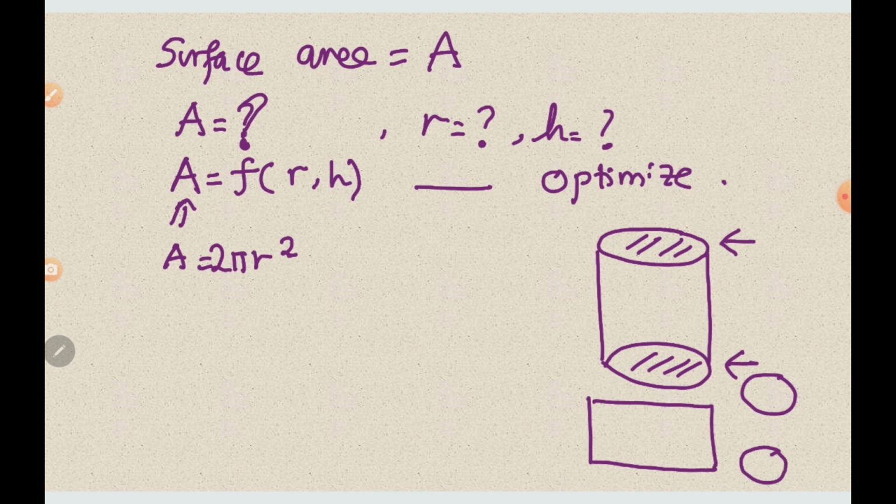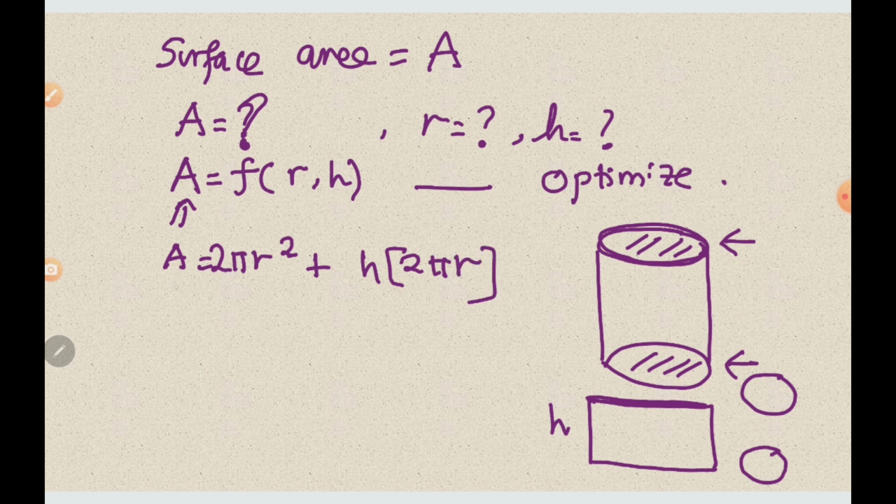So the area of the rectangle is, the height is h, the height of the cylinder is h, and the length of the rectangle is actually equal to the circumference of the circle, that is 2 pi r.